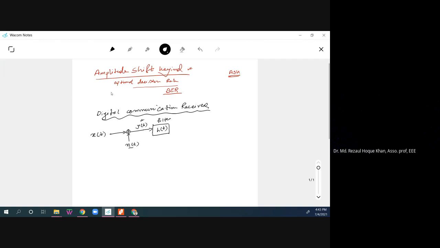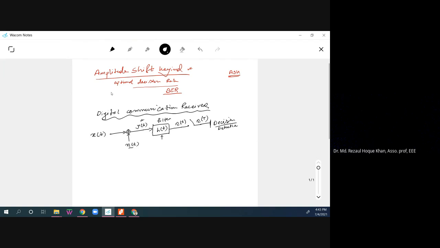It is an LTI system, linear time invariant system. So h(t) is the impulse response of the LTI system. The output is r(t). This r(t) signal is sampled in a sampler with period T, so the output becomes r(T), and here we make the decision, or detection.